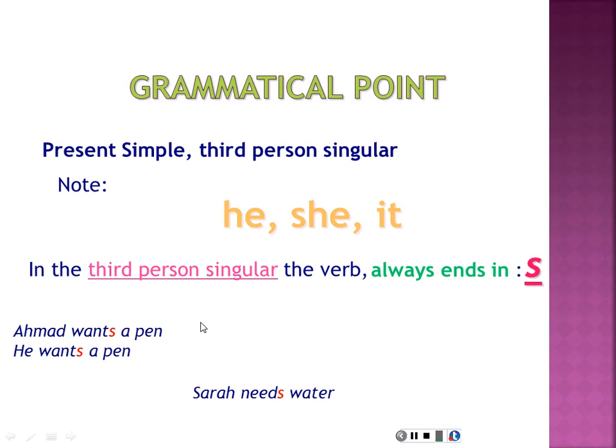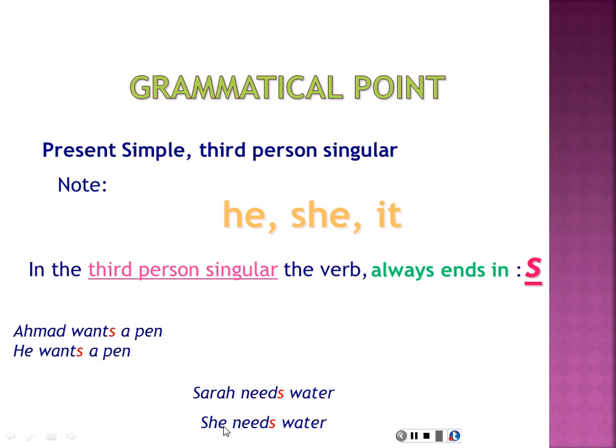So now we are talking about a girl. A girl. She needs water. She needs water. Or Sarah needs water. The first one, Sarah needs water. Then we replace the noun, which is Sarah, with she.